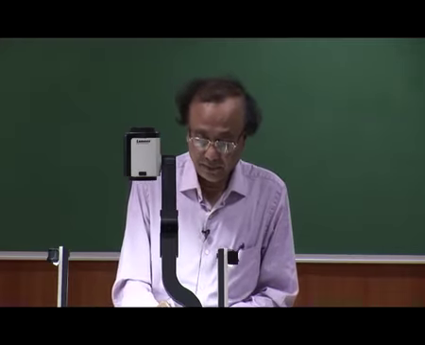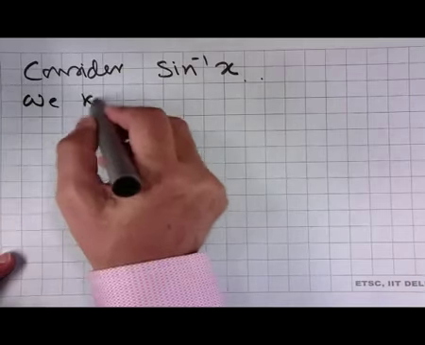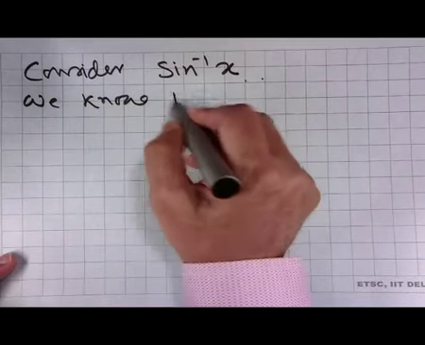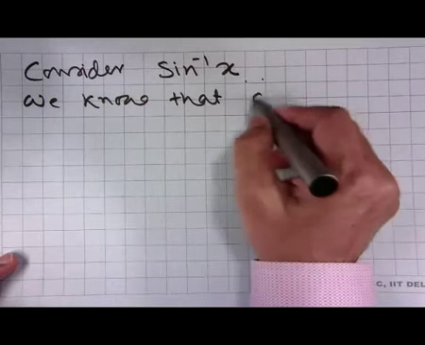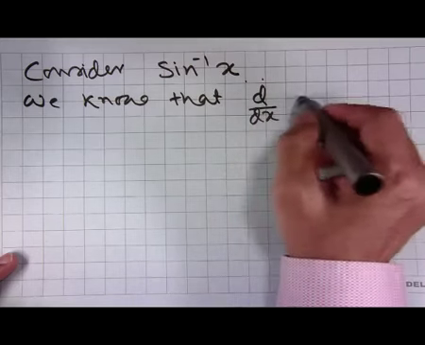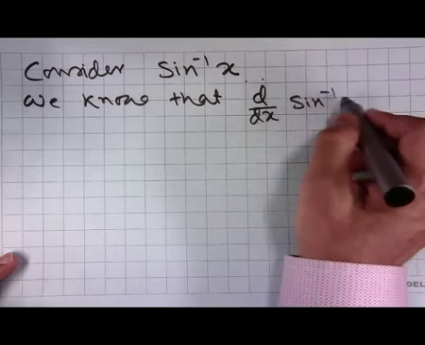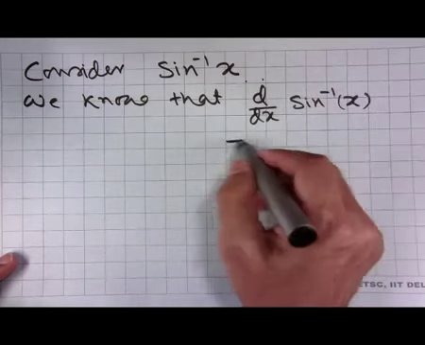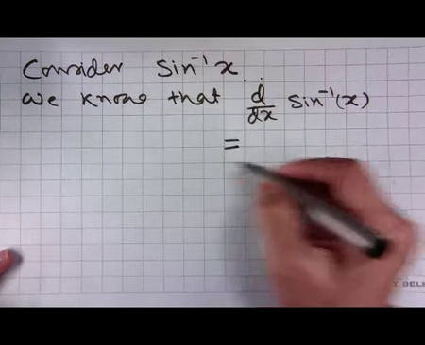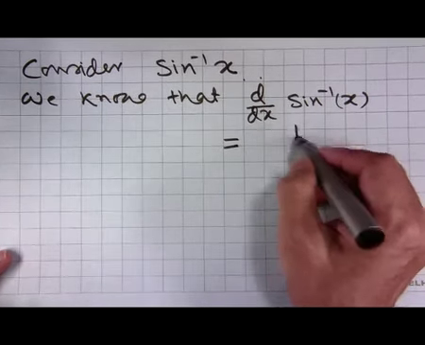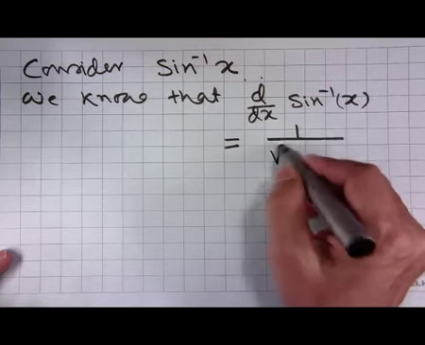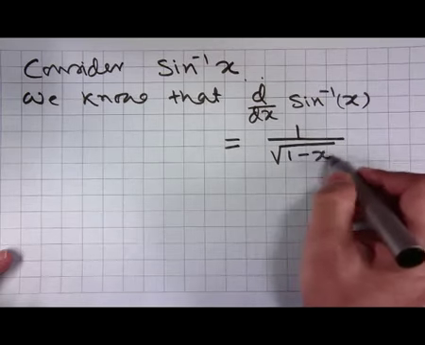We know that d dx of sine inverse x is 1 upon root over 1 minus x square.